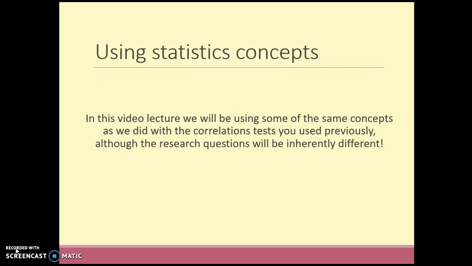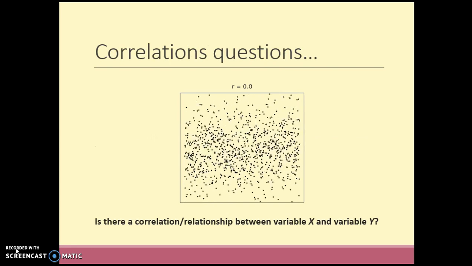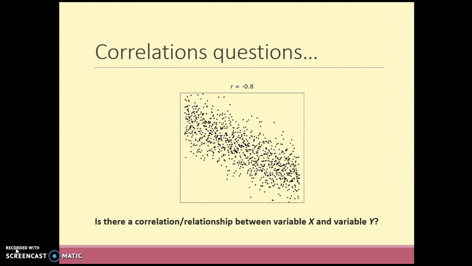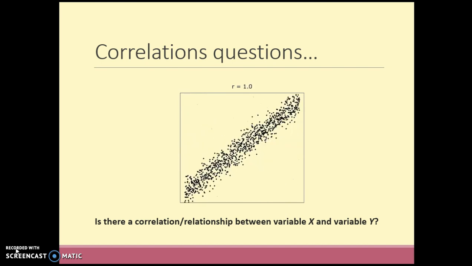So in this lecture on tests for differences, we will be touching on some of the same concepts as we did with the correlation tests that we did previously, although the research questions will be inherently different. When we were asking questions about correlations, what we wanted to know was, is there a correlation or relationship between two variables?